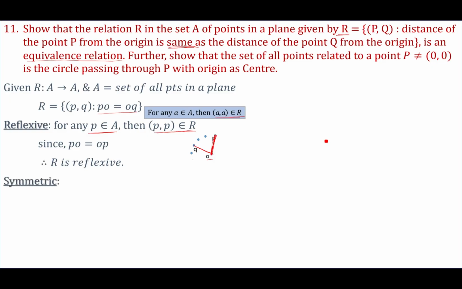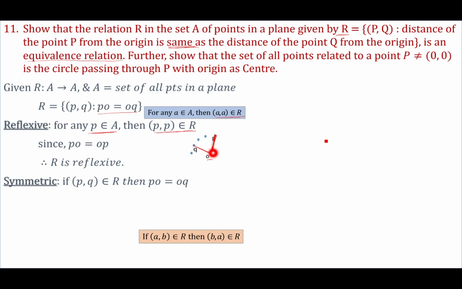Symmetric. What is a symmetric relation? A symmetric relation is defined as: if (A, B) belongs to the relation R, then (B, A) must belong to R. If (P, Q) belongs to R, then according to the definition, PO equals OQ. They are equal.